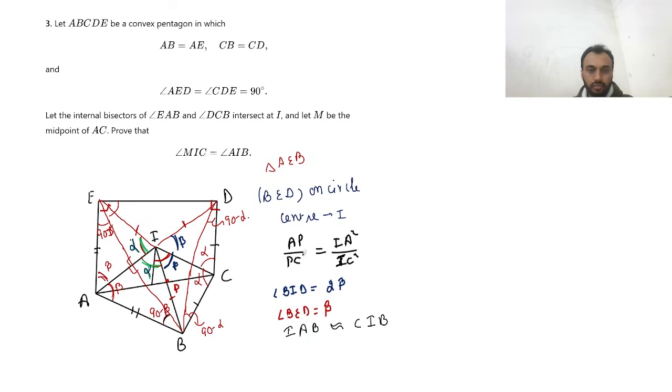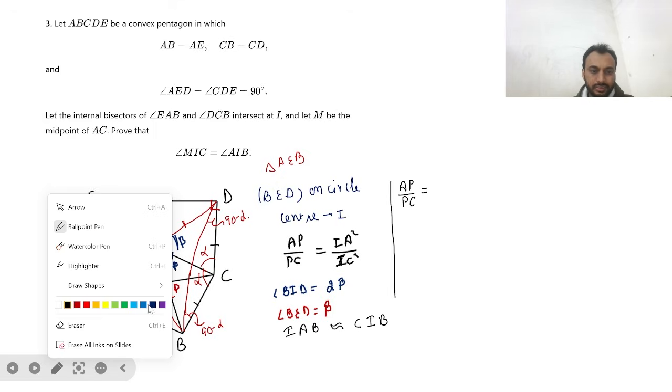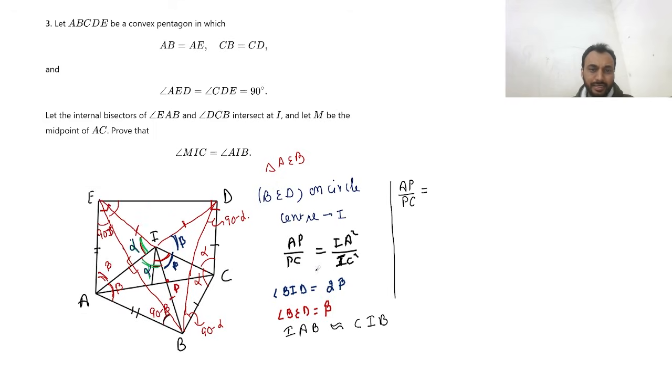Now, to find out AP by PC, as we want to find out AP by PC, can we try to use this IAB similar to CIB? So from this we can, okay, there is one more thing that we can see.